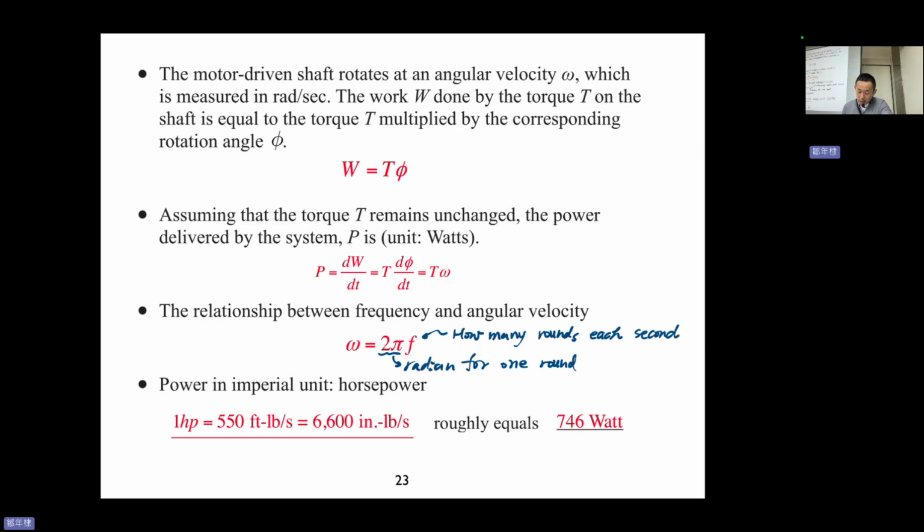So power in imperial unit, I mean the British unit, is horsepower, 马力, but in American or something you can use watt, right? So 1 horsepower is roughly equal to 746 watts.